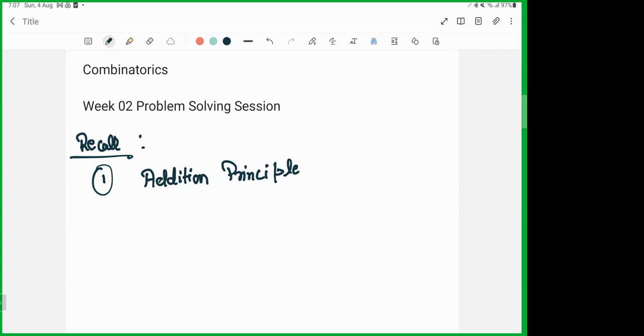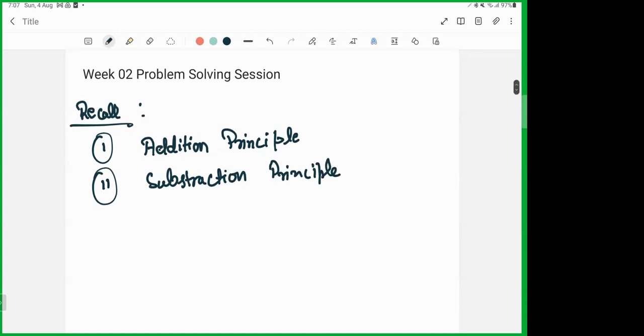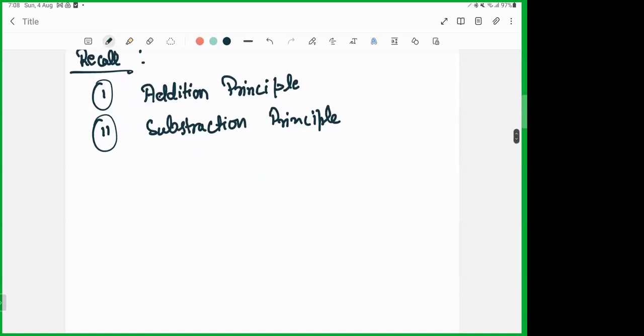And then the second one is subtraction principle. If B is a subset of a finite set A, then cardinality of A minus B is cardinality of A minus cardinality of B.